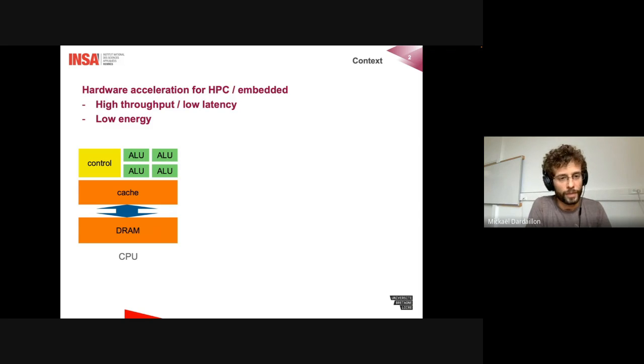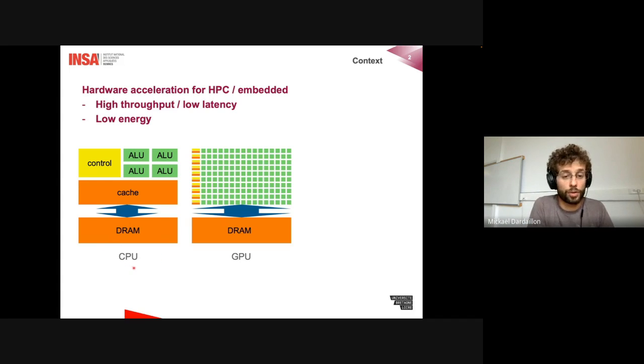So first we got our classic CPU, which has an external memory and then a big lump of cache memory to be able, for the ALU and the control, to access quickly the memory, and there's a good bandwidth between the two to be able to accelerate run. And that is the classic do-it-all processor that we all have in our desktop.